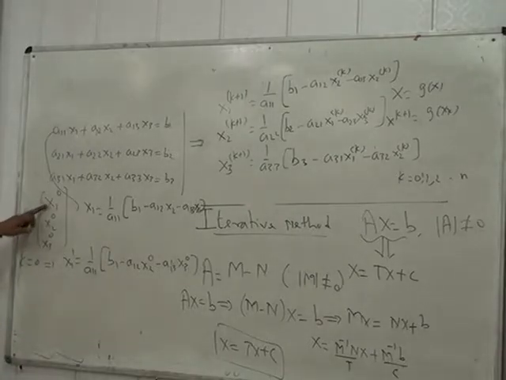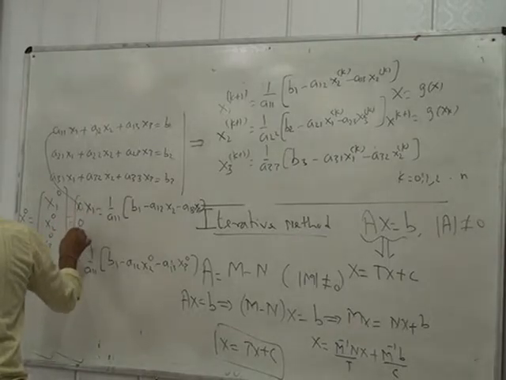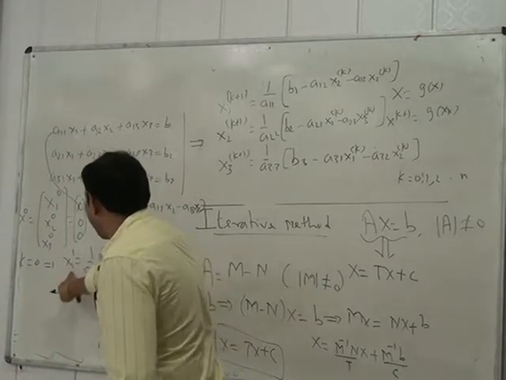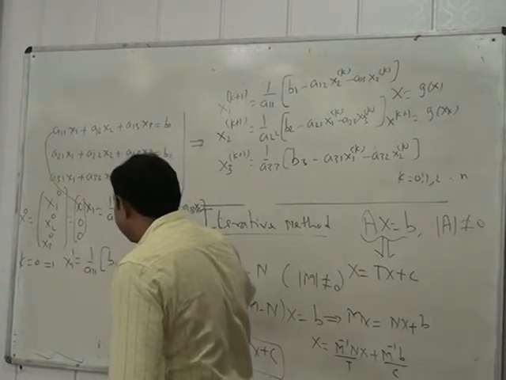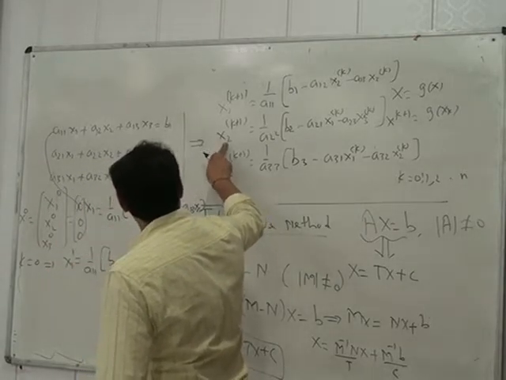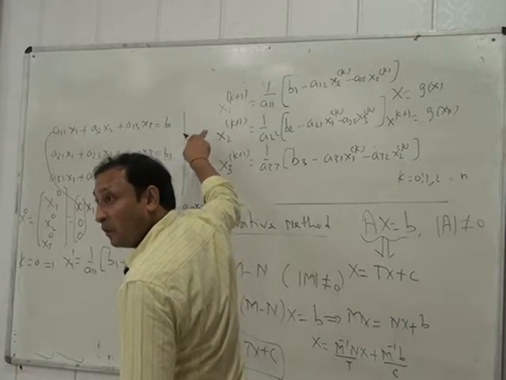As I told you, I know this in advance because the initial guess x naught I must have. Suppose this is 0, 0, 0. Then I can solve this for x1. Put here 0, put here 0, you get the x1. Similarly, I can find my x2 1 and x3 1.